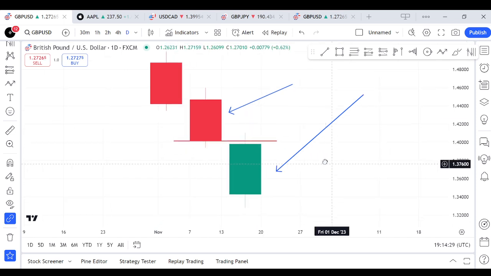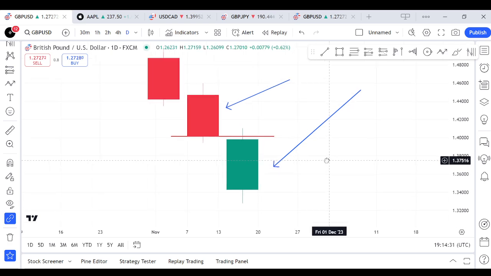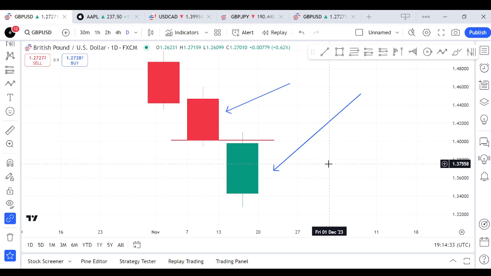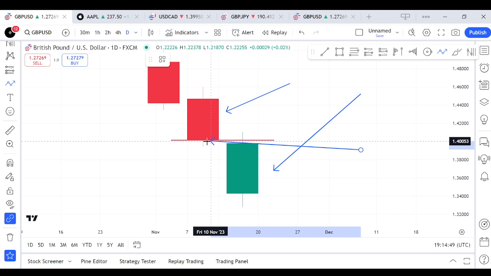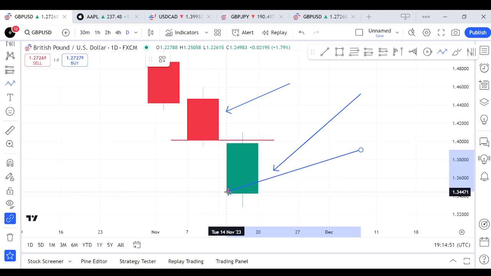So this candle opens lower than the previous candle's close, initially suggesting continued bearish sentiment. It actually gapped. There was a gap between it. Let's say this is where this first candle closed. This is where the second candle actually opened here.